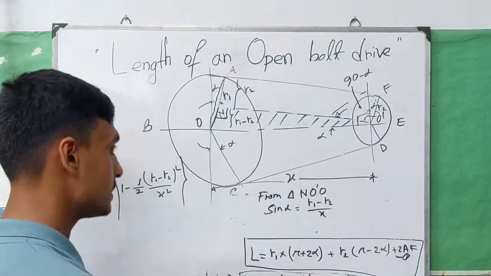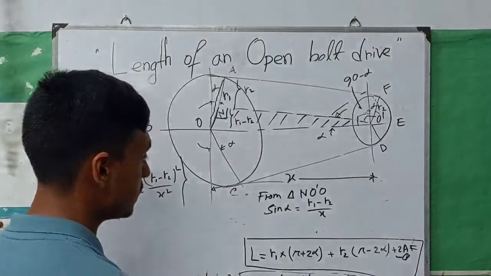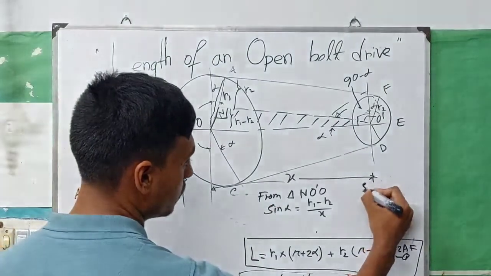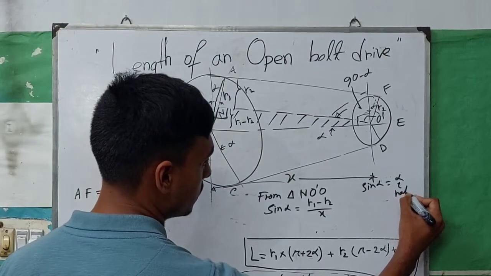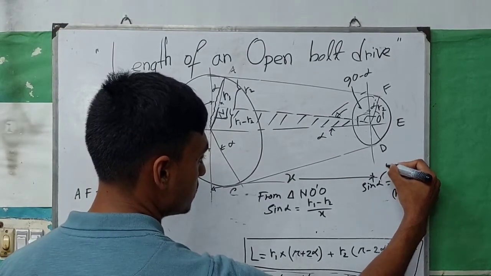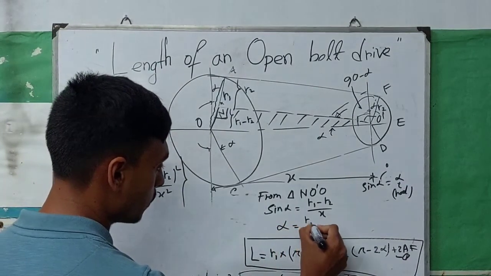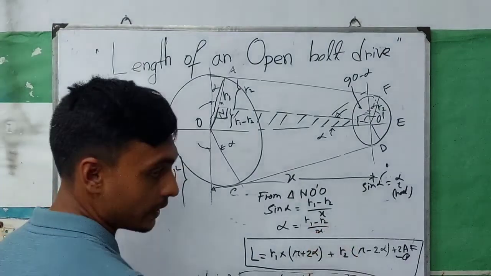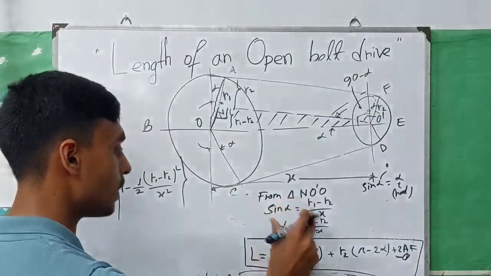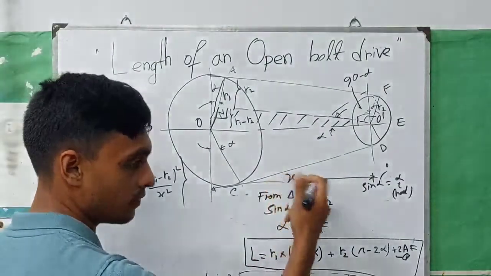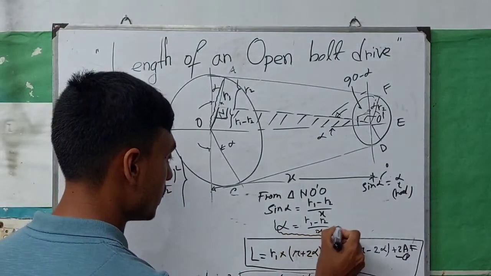Since I said initially that alpha is very small, sin alpha equals alpha, where alpha is in radian. So alpha equals R1 minus R2 by x. Again, here alpha is in radian, and this value is very small, so sin alpha degree equals alpha radian. So it is our equation of alpha.